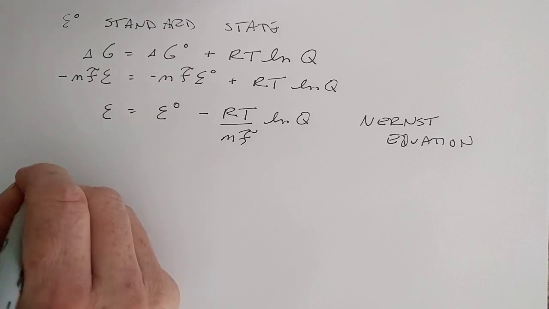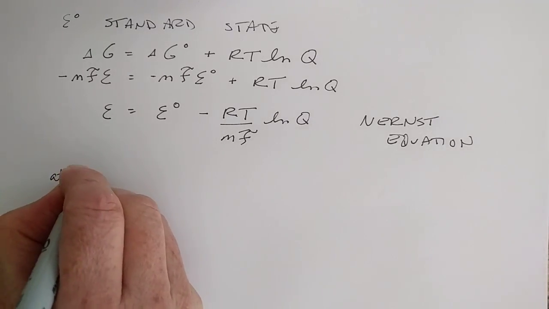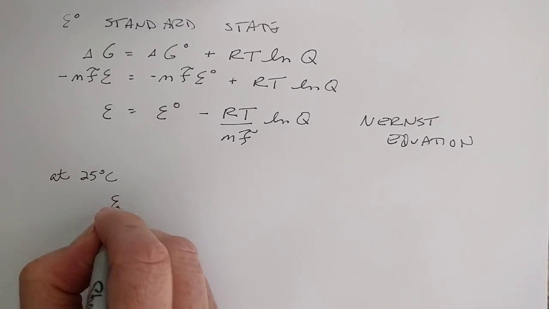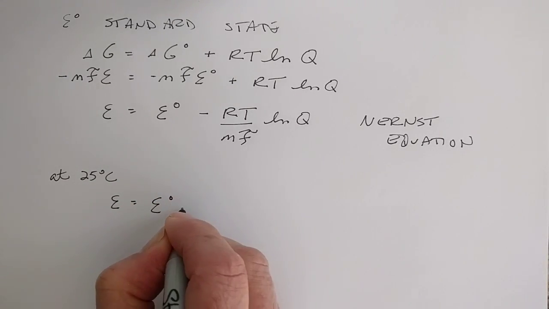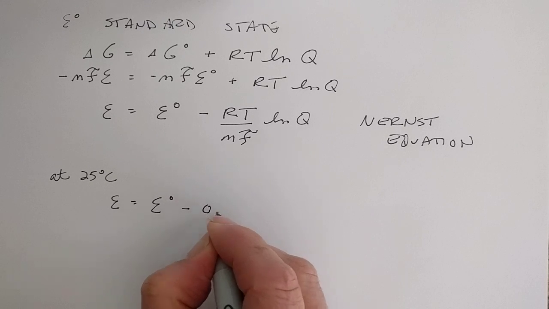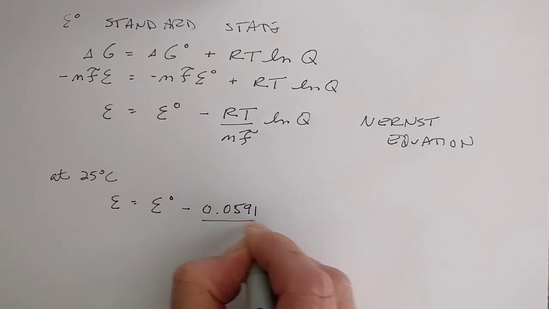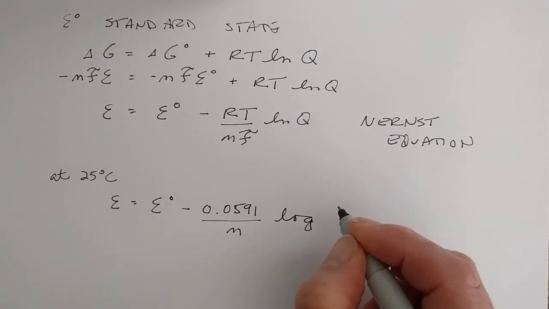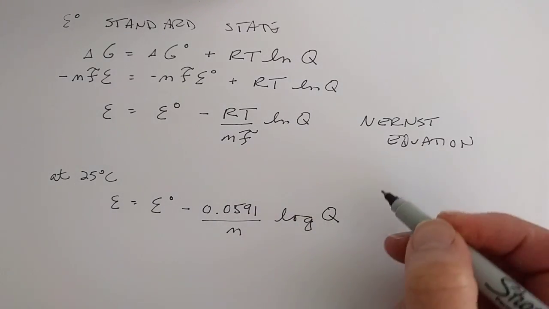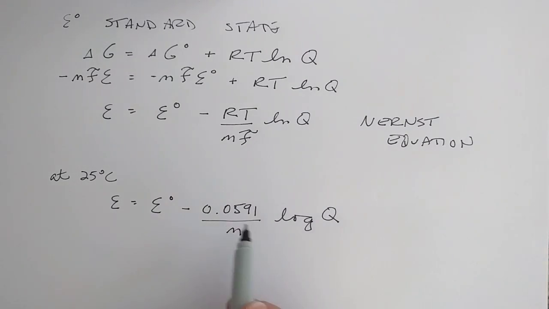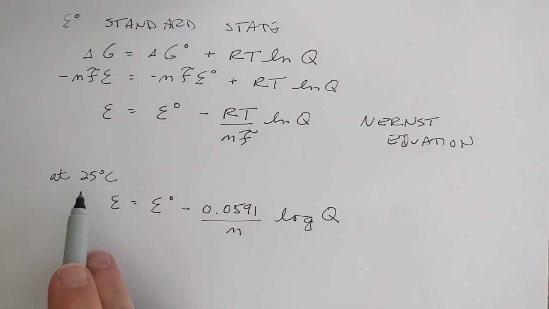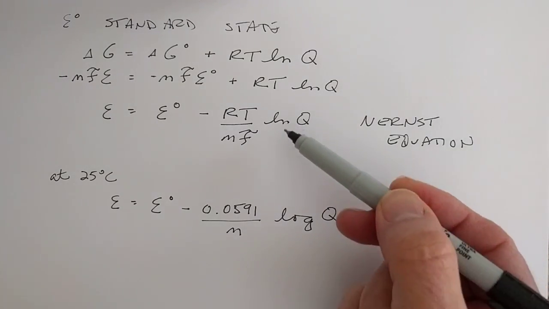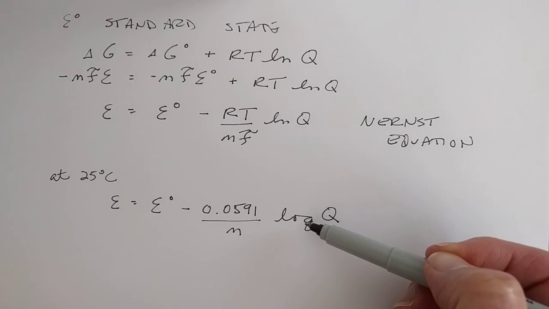So at 25 degrees C, when we substitute those numbers in, our equation becomes E equals E0 minus 0.0591 over N, the common log of Q. So these two are the same, except this is specifically for 25 degrees C, and the natural log has been changed to the common log.